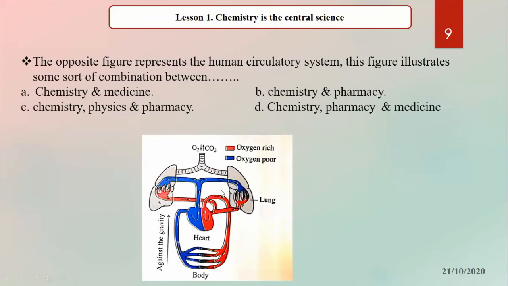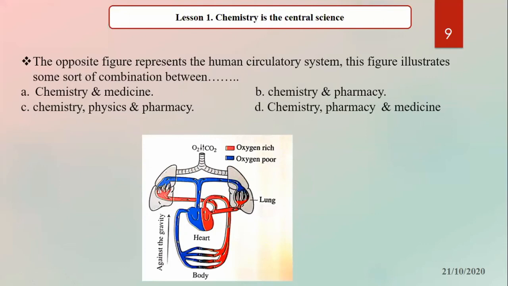This shape represents our circulatory system, okay? The organs of the human body: 2 lungs, oxygen, carbon dioxide, exhalation and inhalation, okay?